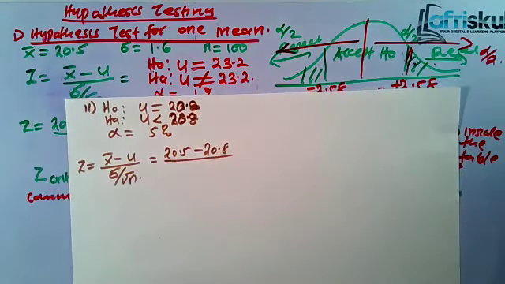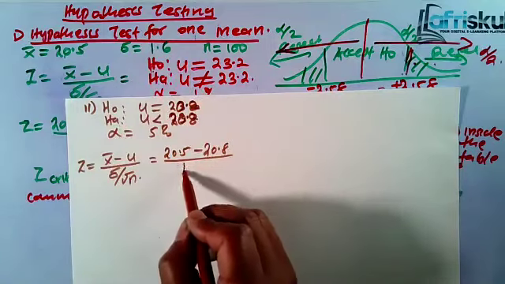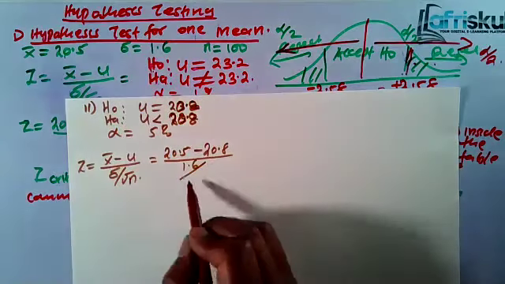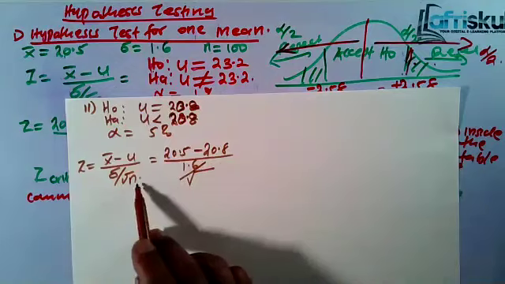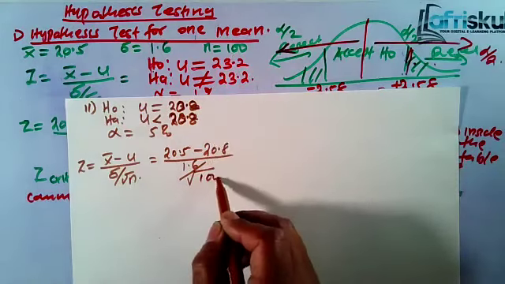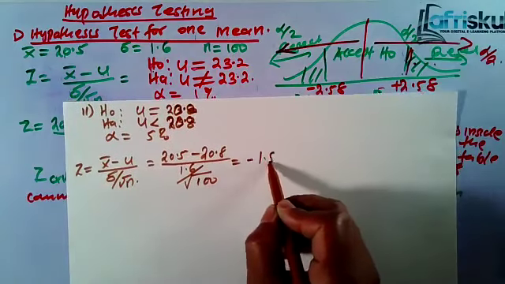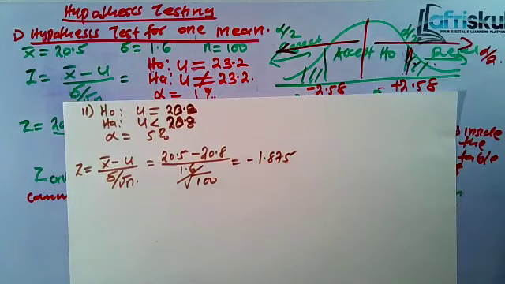You divide by standard deviation. Standard deviation does not change, ilikuwa 1.6, divided by square root of N. Our N ilikuwa 100. Na ukifanya hivyo, you get negative 1.875.